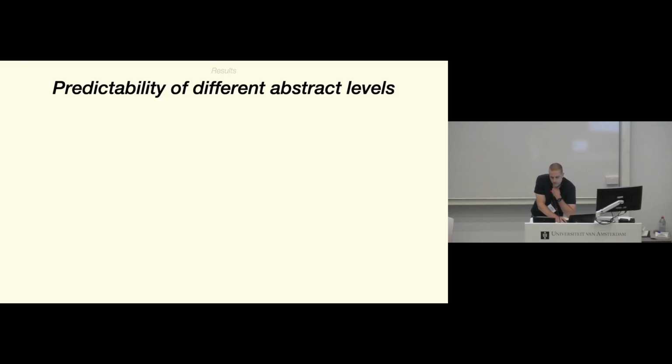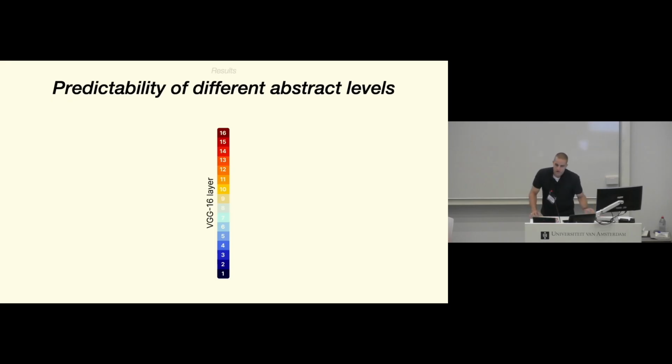Then recall that we can compute these features at different abstract levels. So we can define the spatial unpredictability of low-level lines and edges, as well as the spatial unpredictability of high-level textures and objects.